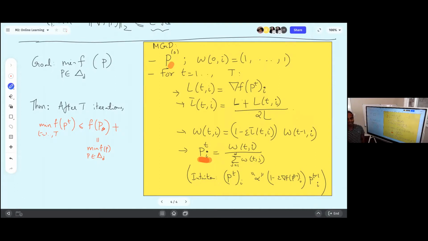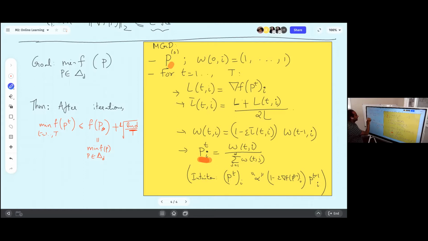As you can imagine, after T iterations, it's basically the square root of L times ln T divided by T. So what is this saying?